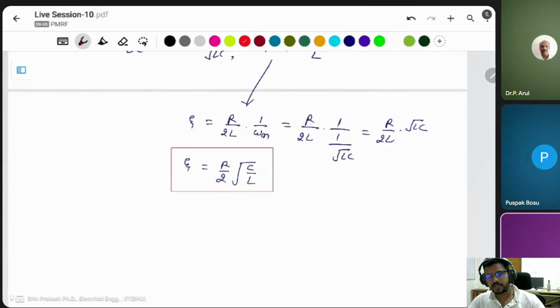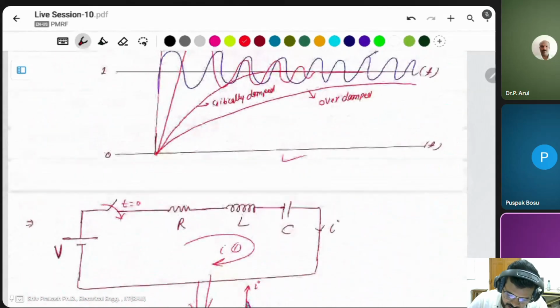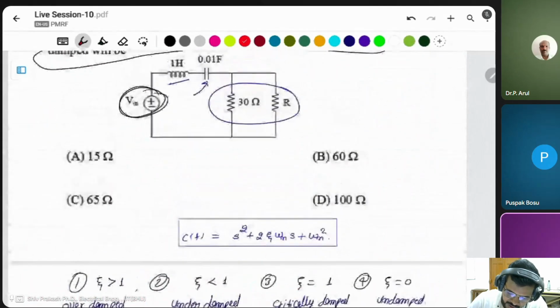In an RLC circuit, you can find zeta as R by 2 root of C by L. According to this, you can show the response. Simply, the question is asking about the damping factor.